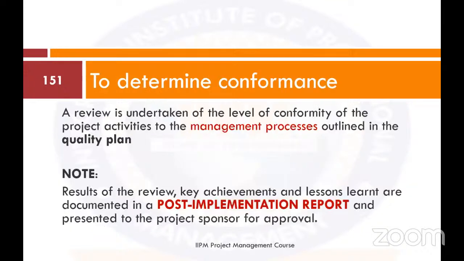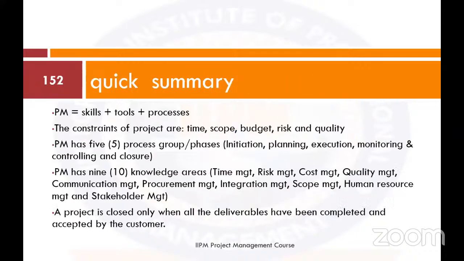Now, in quick summary of all of what we've done, project management is the application of skills, tools, and techniques and management processes for successful completion of a project. The project constraints are time, scope, budget, risk, and quality. Projects have 5 process groups: initiation, planning, execution, monitoring and control, and closure.